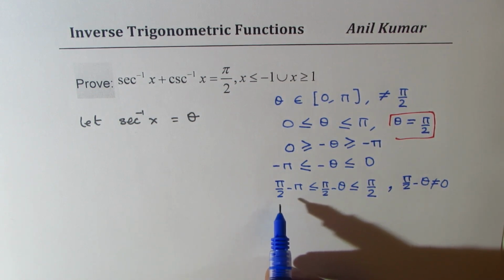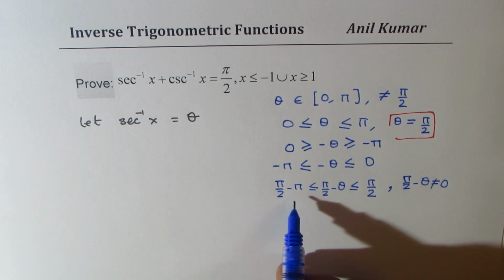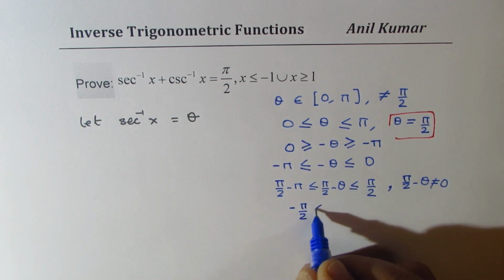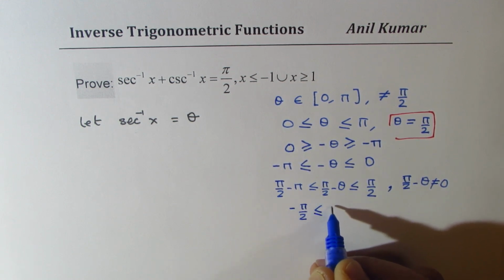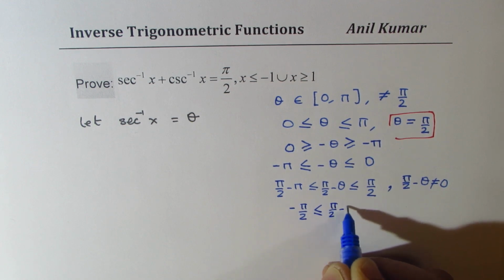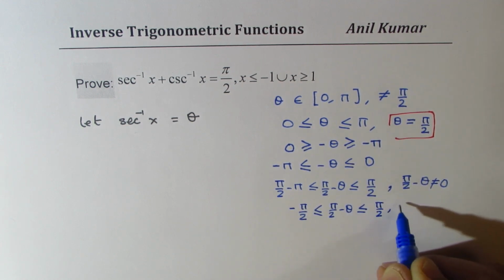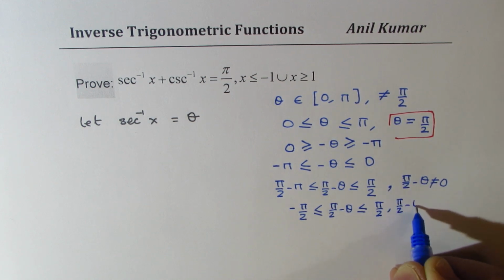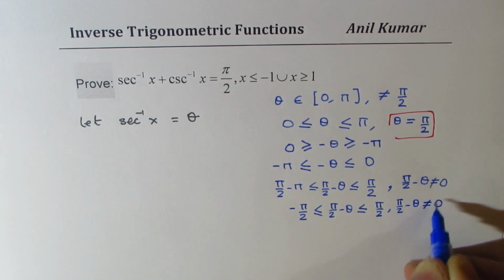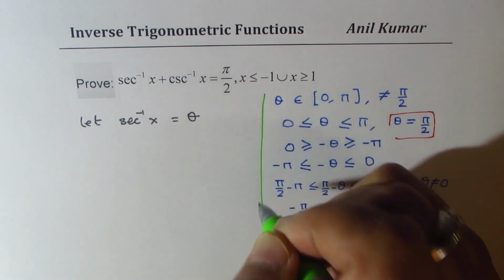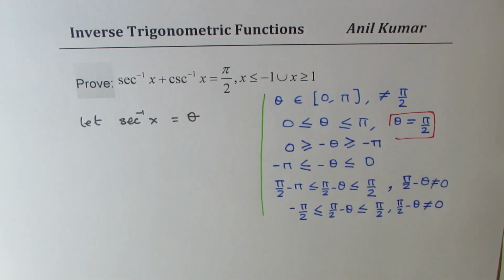Now, pi/2 minus pi gives us minus pi/2. So we get pi/2 minus theta less than or equal to pi/2, where pi/2 minus theta is not equal to 0. So this is very important to understand. The restrictions on theta, correct?